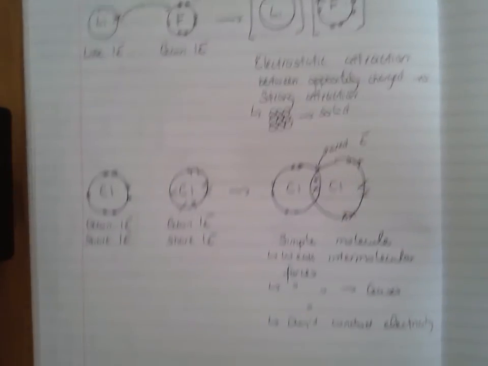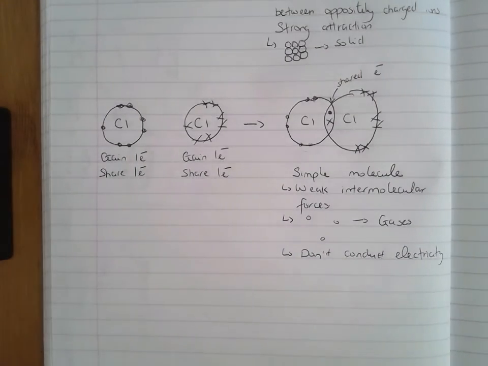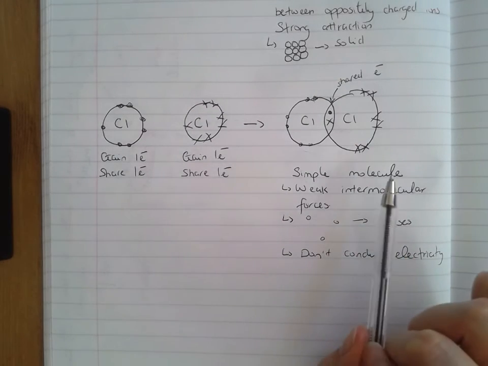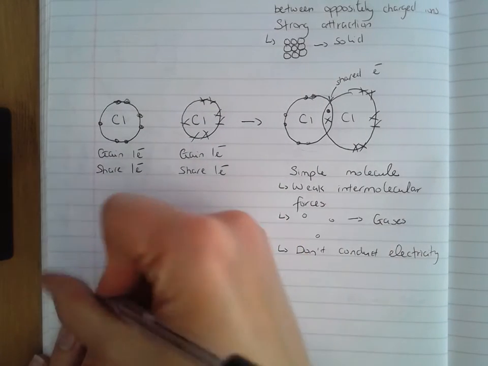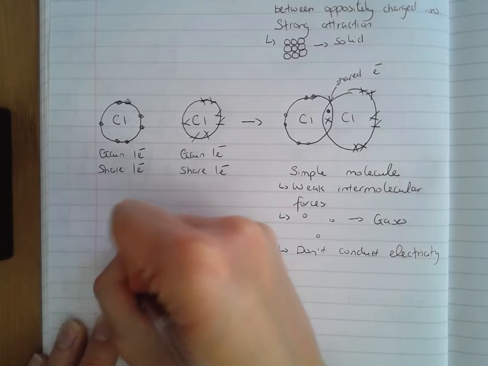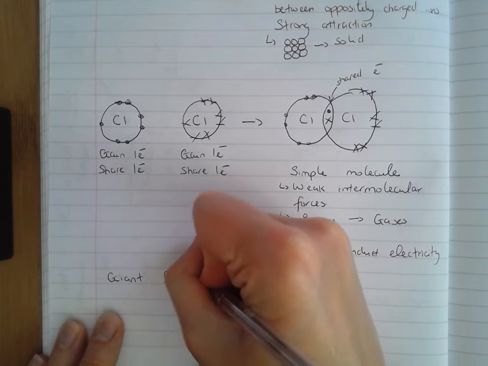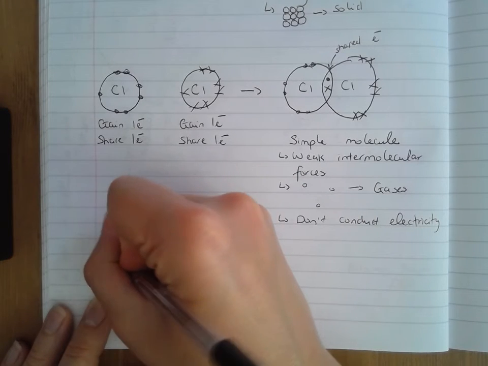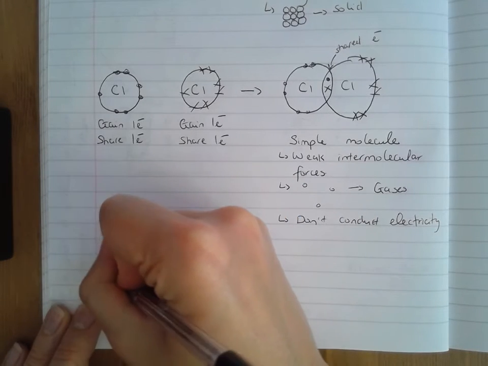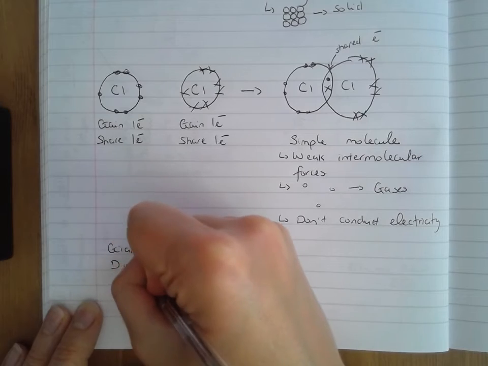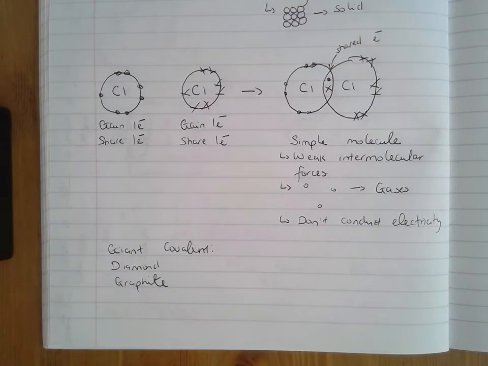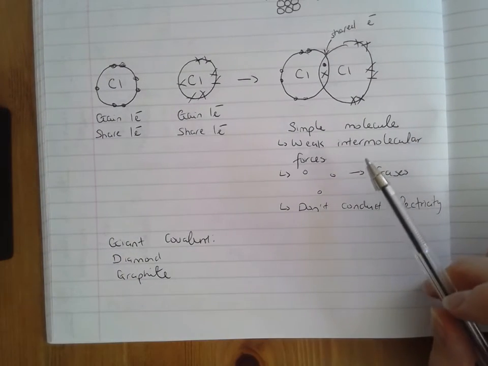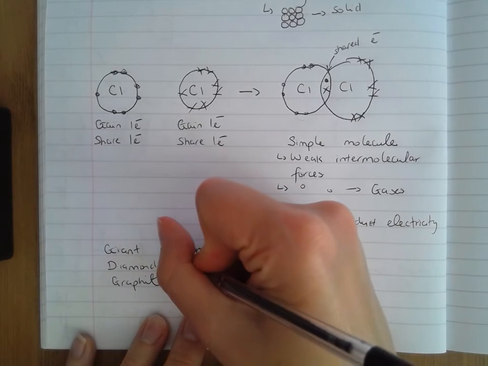All right. There's one other type of covalent. So I've shown you covalent bonding in a simple molecule, but you need to know that there's also something called giant covalent. And your examples of giant covalent are diamond and graphite. And the properties of diamond and graphite are different than the properties of our simple molecules.